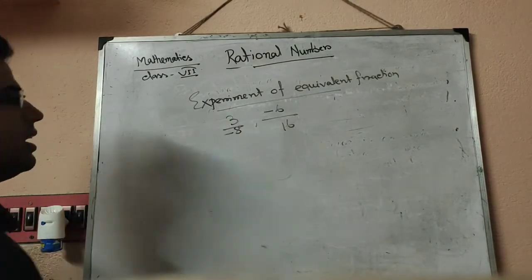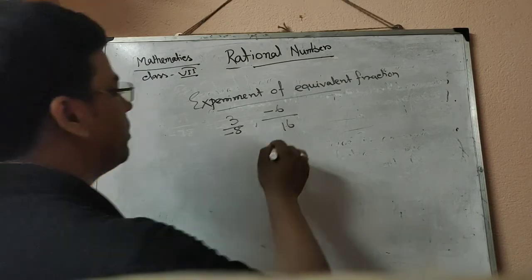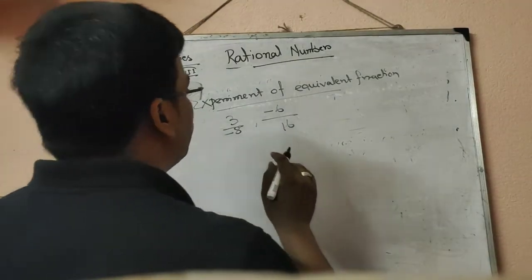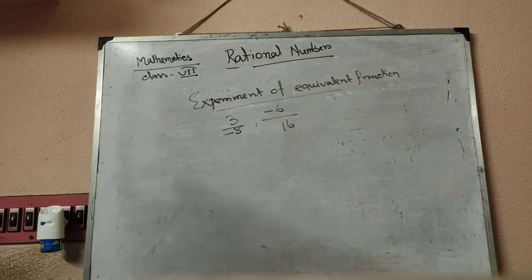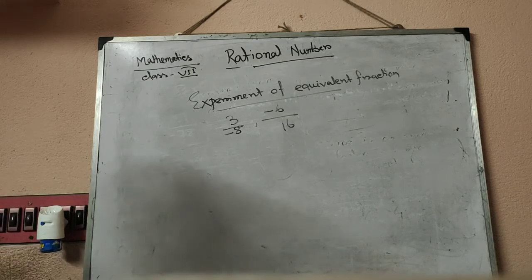Suppose 3 by minus 8 and minus 6 by 16. We can experiment with the equivalent fraction by the cross multiplication process.